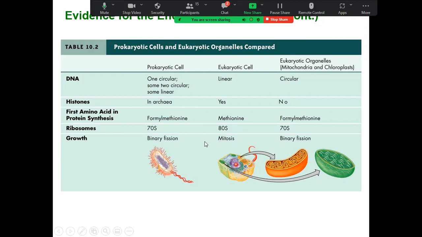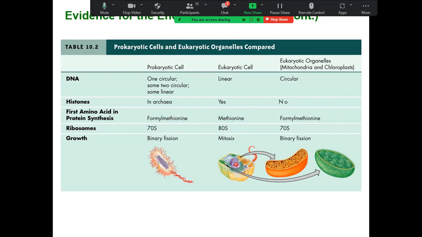When we look at the ribosomes that are made by the mitochondria and the chloroplast, they are 70S in size. And there is a gene on the DNA found in the mitochondria and the chloroplast, which encodes these 70S ribosomes. And this is the same size as the ribosomes of a prokaryotic cell. Remember, the eukaryotic cell has a larger ribosome.